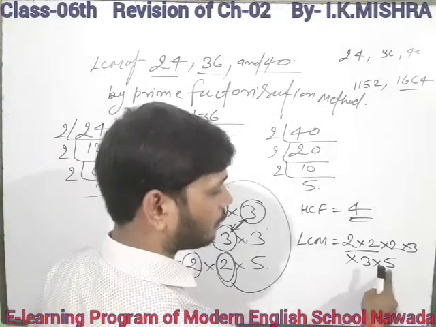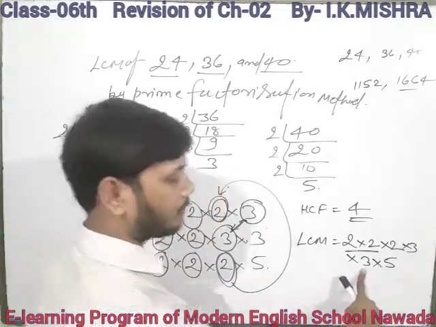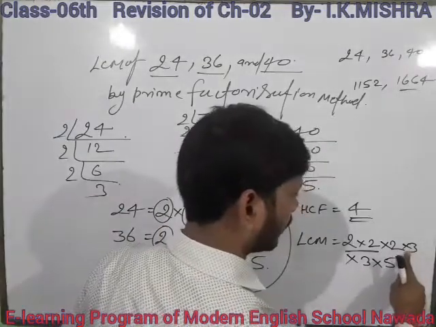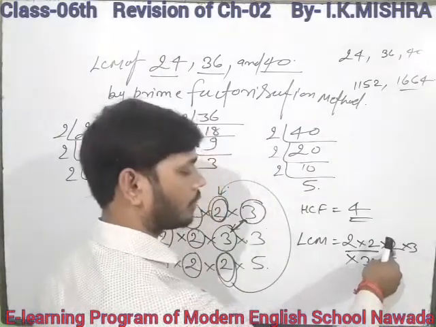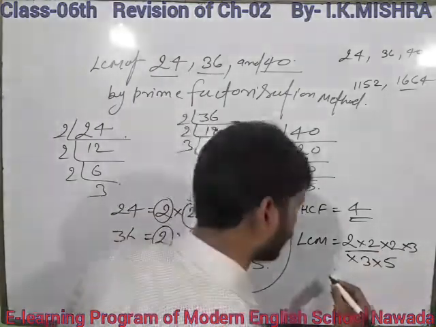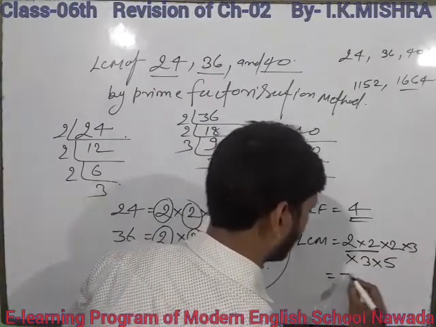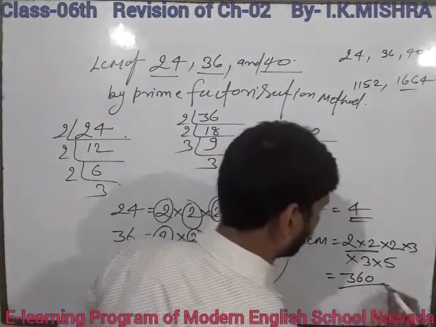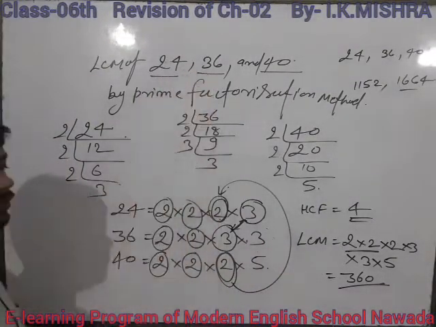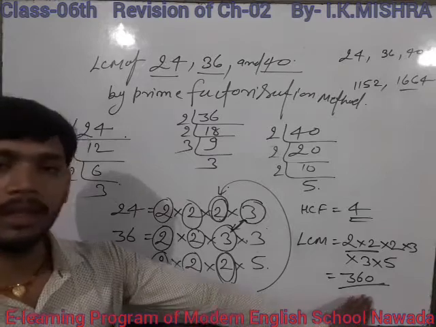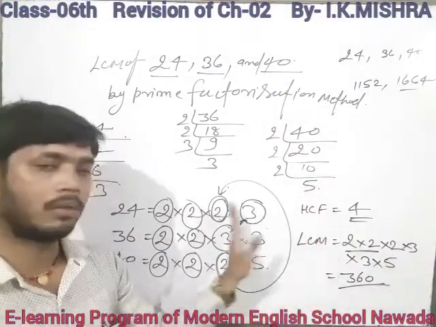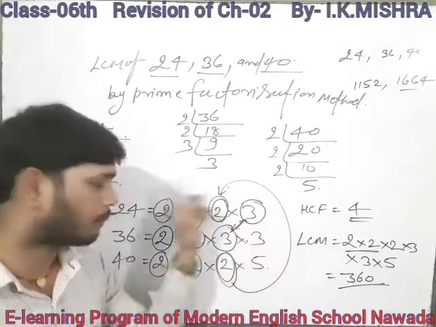So 5 into 3 is 15, 15 into 3 is 45, 45 into 2 is 90, and 90 into 4 is equal to 360. So students, its LCM becomes 360. This is the method of finding the LCM by prime factorization.